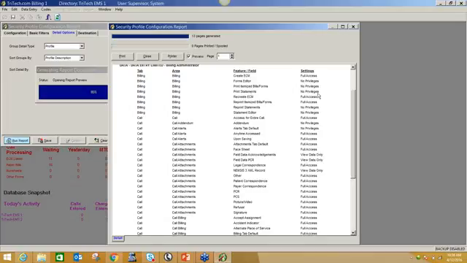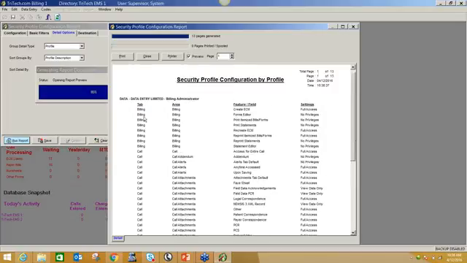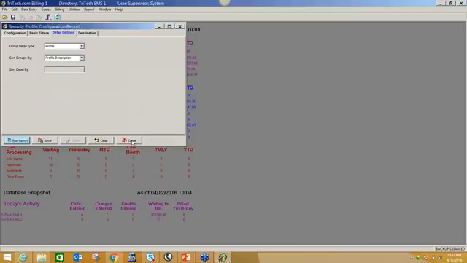Print itemized bills has no privileges. Print statements has no privileges. So what this report shows you is, based on each tab in the profile, what kind of setting or access has been given based on that profile. So that is another one of our newer reports that we have set up.